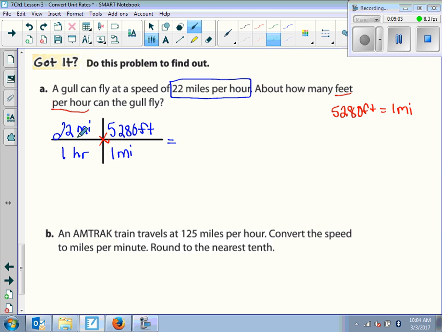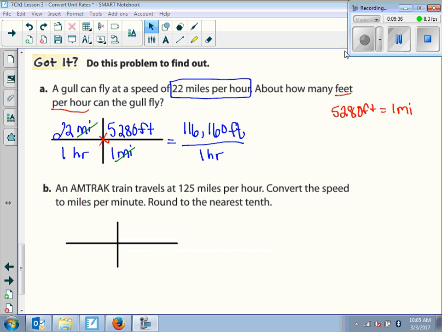See this? Miles up there and miles down there. So now I'm left with feet per hour. Does everybody see that? And when we multiplied straight across, we got 116,160 what? Feet over what? 1 hour. Very good. Over 1 hour. Don't forget, units are very important. So not just 1 hour.